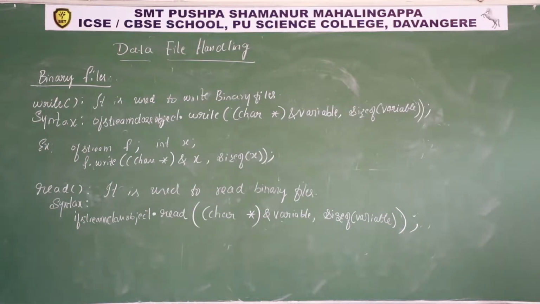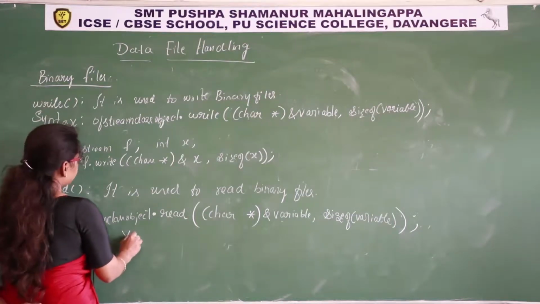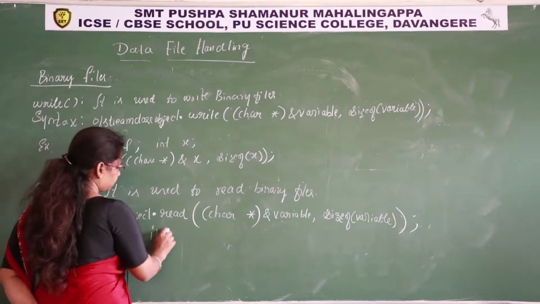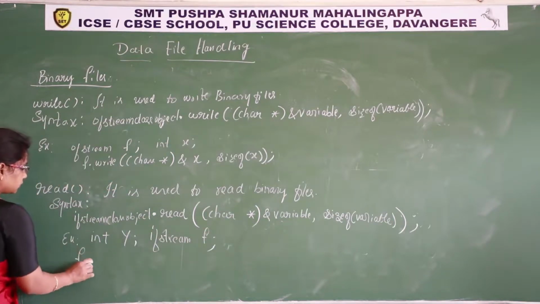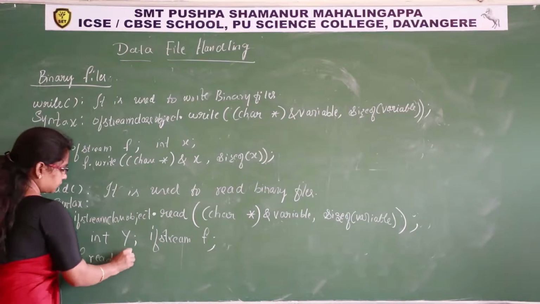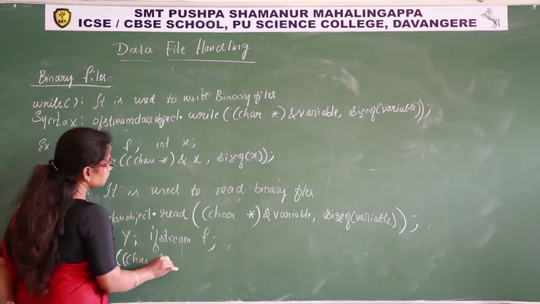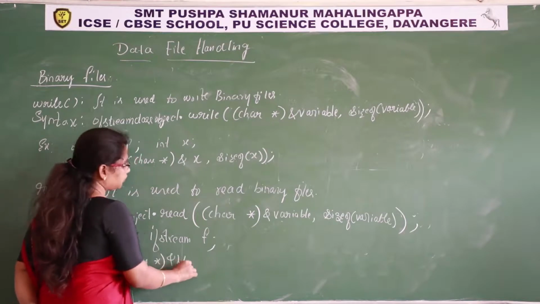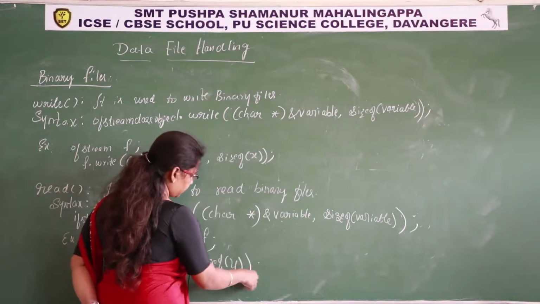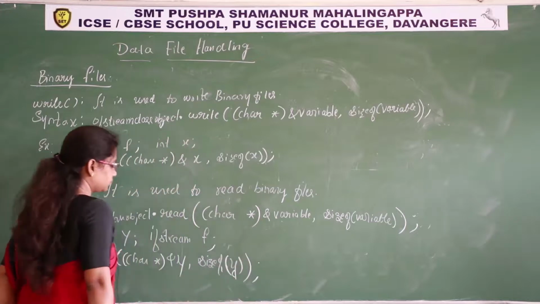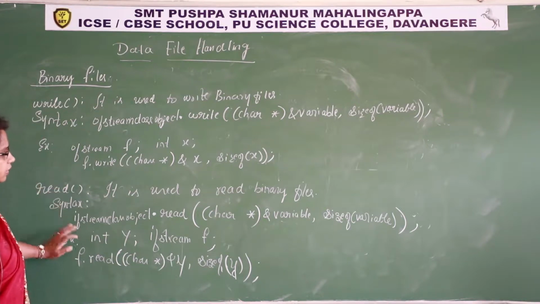Okay, here in the example, here also I'll take an integer variable, int y. ifstream f; f.read(char star ampersand y, comma sizeof y); At this junction you have to understand how to use the read function and write function, and how to write the example for this.